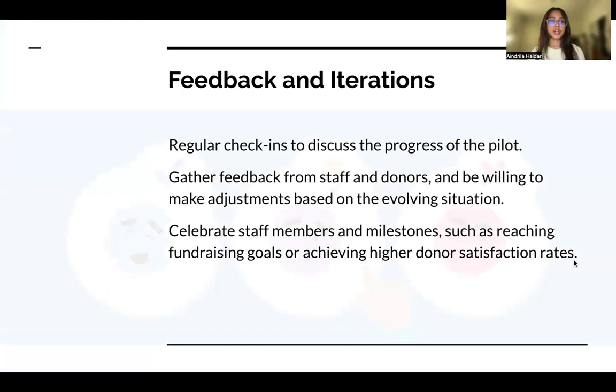Feedback and iterations are important afterwards, again, to take all those pilot runs and also get any feedback from donors and employees and staff themselves, which is really important to be able to continuously make improvements along the way.